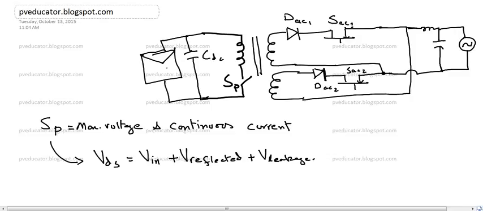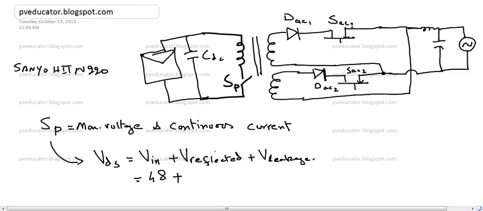Now V in is the maximum photovoltaic voltage that this module can generate. Since I am using a Sanyo HIT N220 module, the maximum voltage that appears across the output in my design is somewhere around 48 volts.